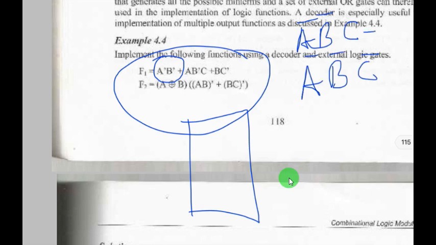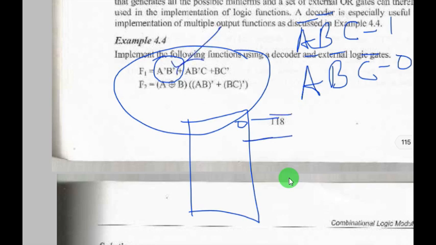So this becomes minterm 1, and this becomes minterm 0. Therefore, these two are represented by that.